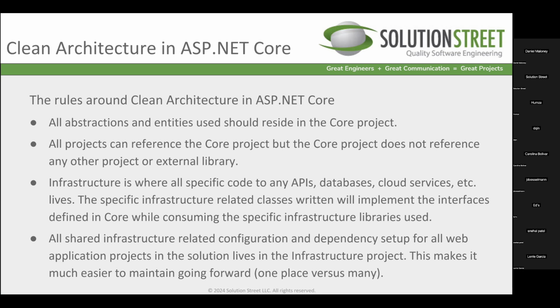And then all shared infrastructure related configuration and dependency setup for all your web applications in the solution lives in that infrastructure project, just like I showed in that dirty versus clean configuration example. The reason for this is it makes it much easier to maintain going forward, one place versus many, right? And also, it is the single project that is the only one referencing those externally used infrastructure libraries, which is your infrastructure project.